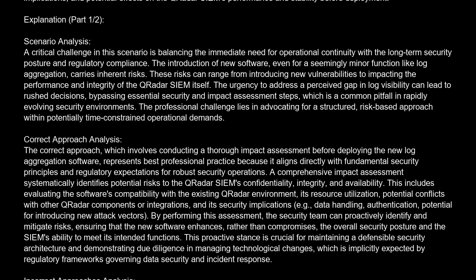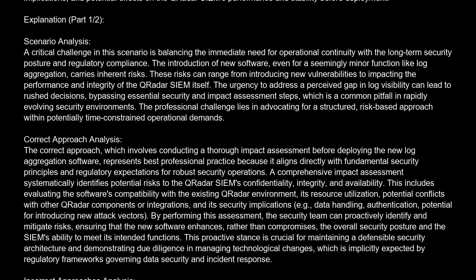By performing this assessment, the security team can proactively identify and mitigate risks, ensuring that the new software enhances, rather than compromises, the overall security posture and the SIEM's ability to meet its intended functions. This proactive stance is crucial for maintaining a defensible security architecture and demonstrating due diligence in managing technological changes, which is implicitly expected by regulatory frameworks governing data security and incident response.